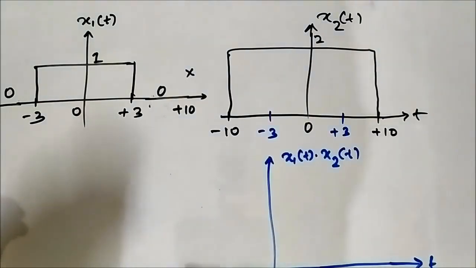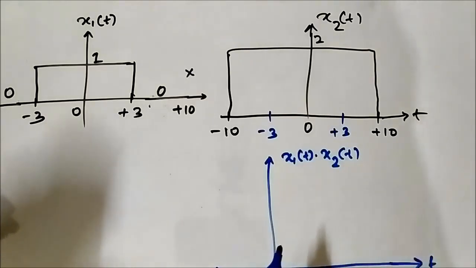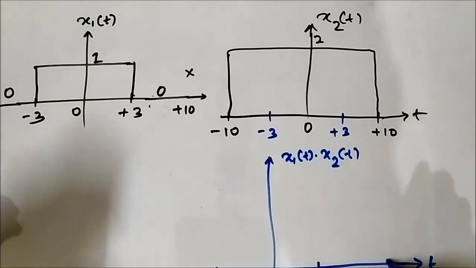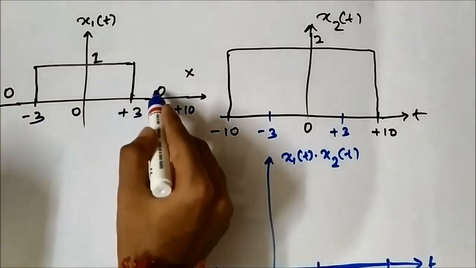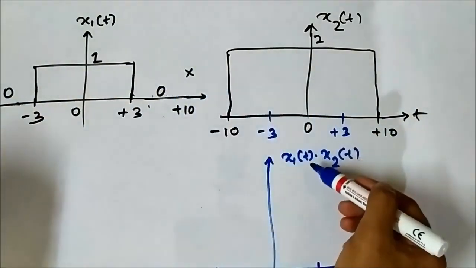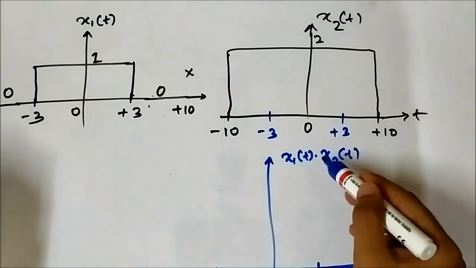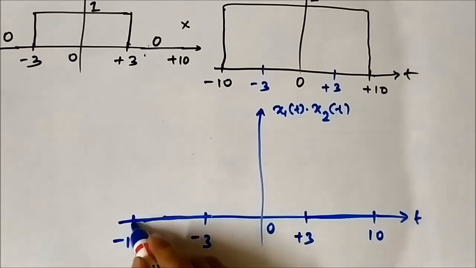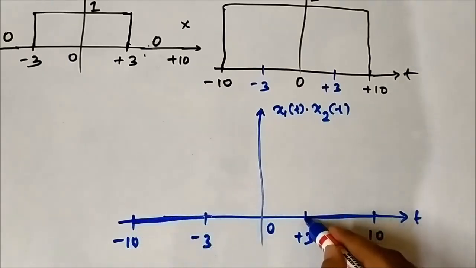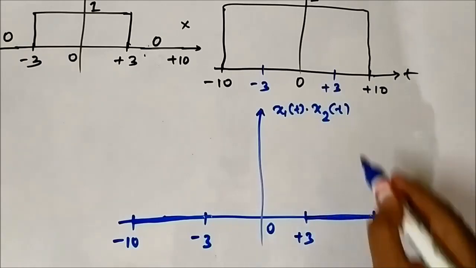So in the output, from minus 10 to minus 3 it will have 0, and from plus 3 to plus 10 it will also have a value 0, because one of the signals here is 0, and anything multiplied with 0 is 0.